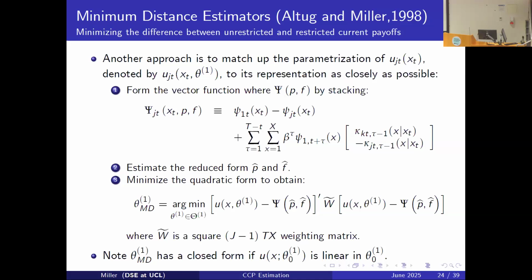This is basically saying, let's form the difference between the utility from taking action J when I've got my theta parameterization versus the utility that I get from not putting any parametric structure on the model at all.